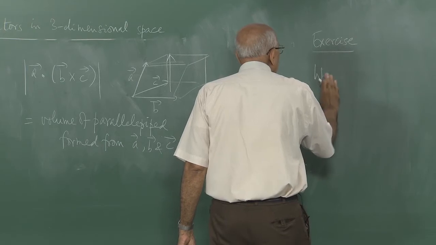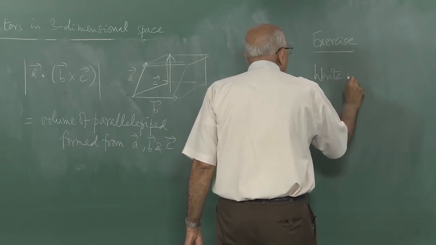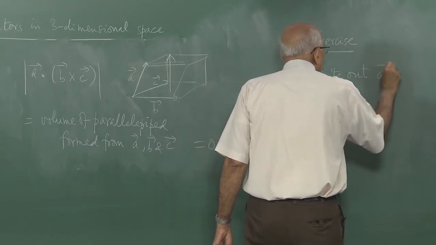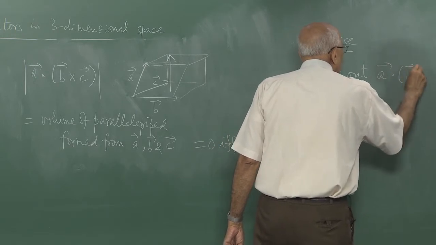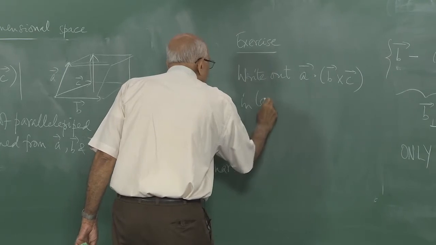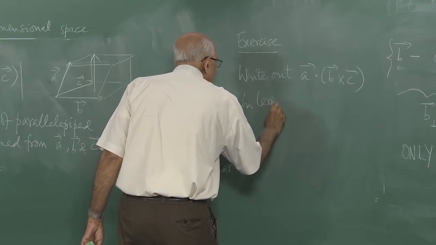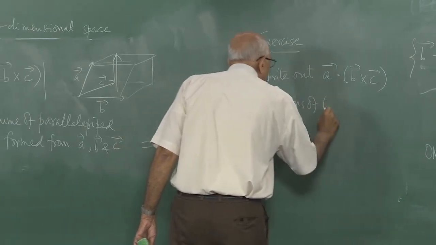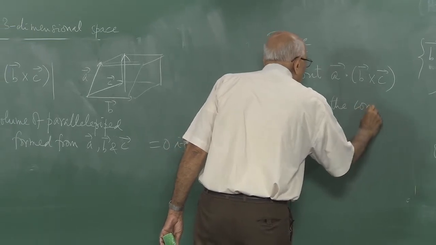write out A dot B cross C in terms of the components.